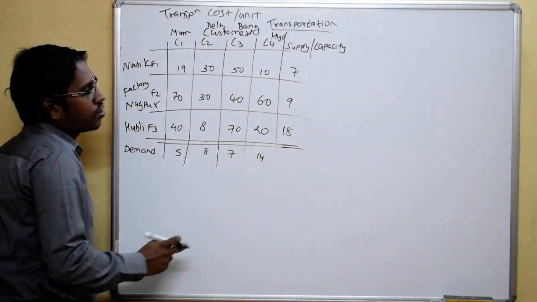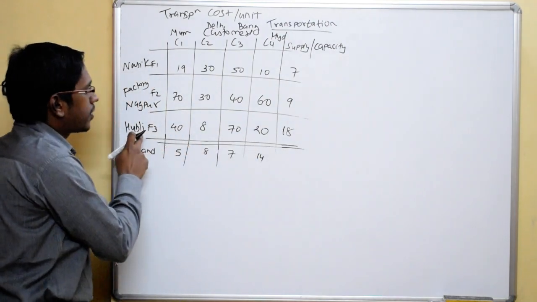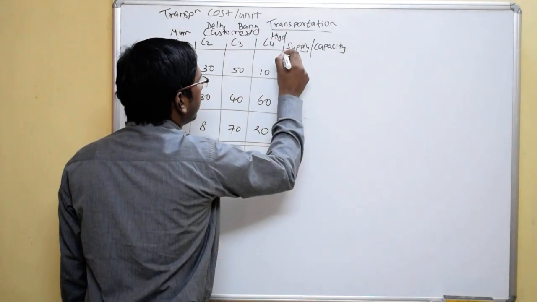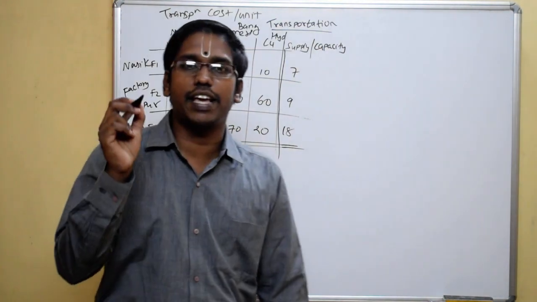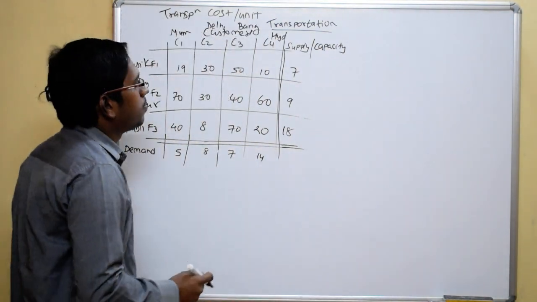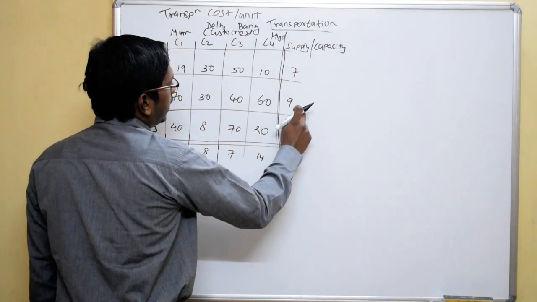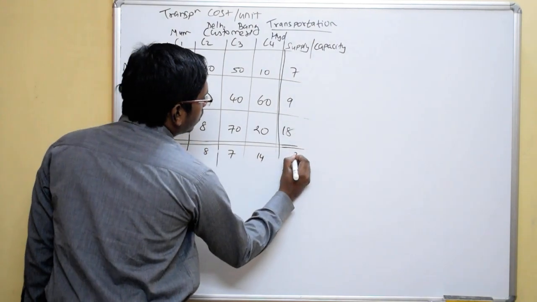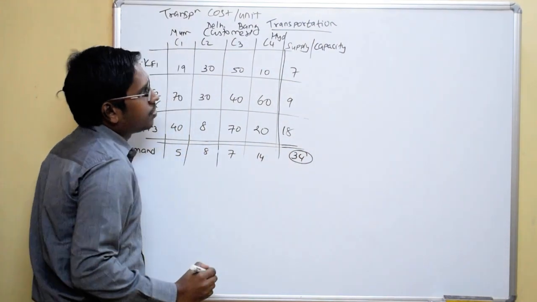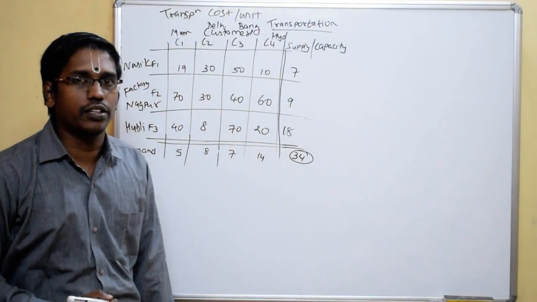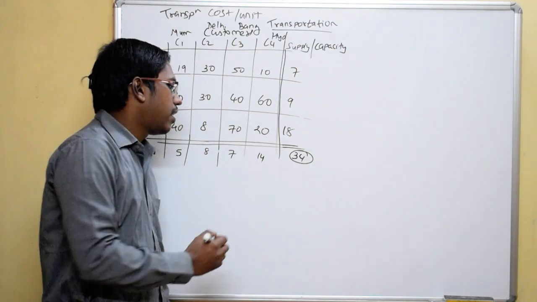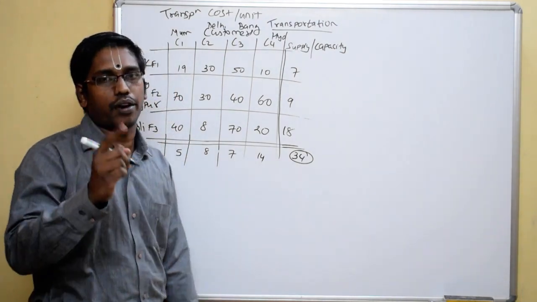Factory 2 has got a capacity of 9 and factory 3 has got a capacity of 18. Mind well, all the 3 factories are producing the same product. So if I sum up, this is 18 plus 9, 27 plus 7, 34 is the total supply, which means the company, considering all the 3 factories put together, is able to supply 34 units of the same product.